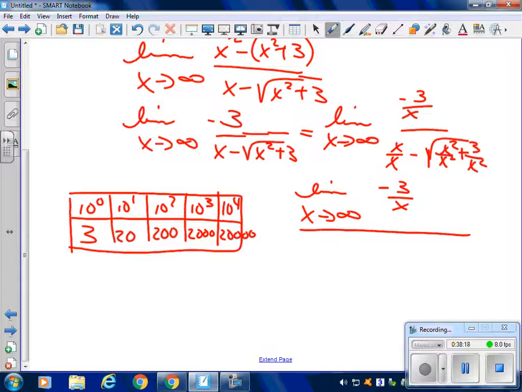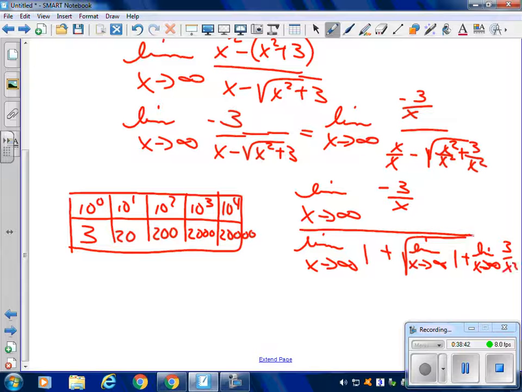Let's put the limit on as we reduce to save a step, y'all. x over x becomes 1, so we're going to put the limit as it goes to 1. We're going to do the limit as x approaches infinity of 1 plus the limit as x approaches infinity of 3 over x squared, all inside that radical.